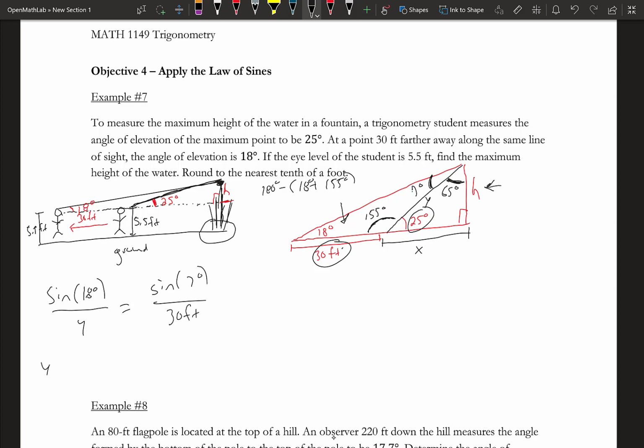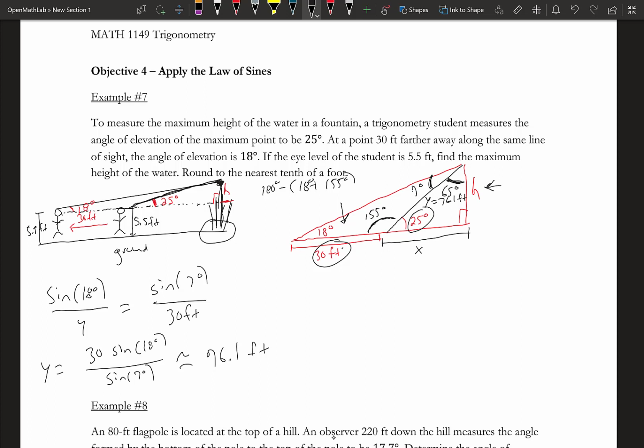So y would be equal to 30 times sine of 18 degrees divided by sine of 7 degrees. This comes out to be approximately 76.1 feet. So that's what y is, 76.1 feet.